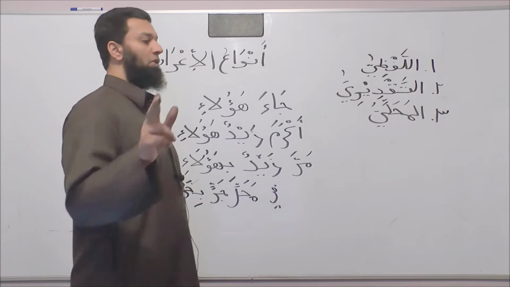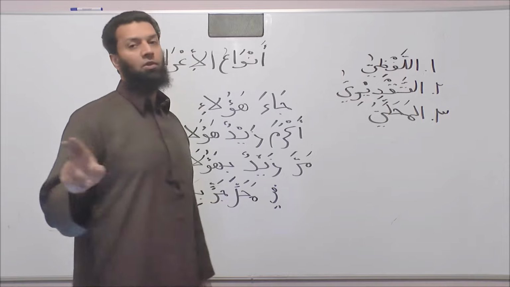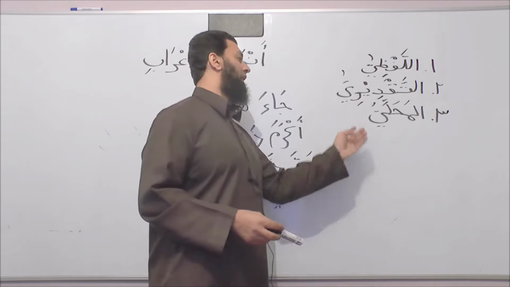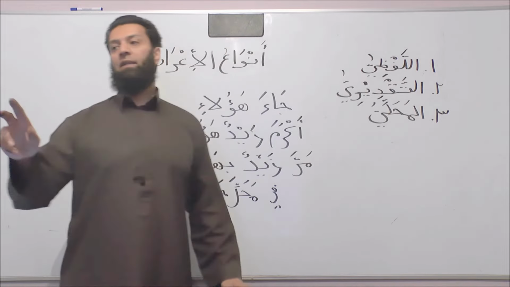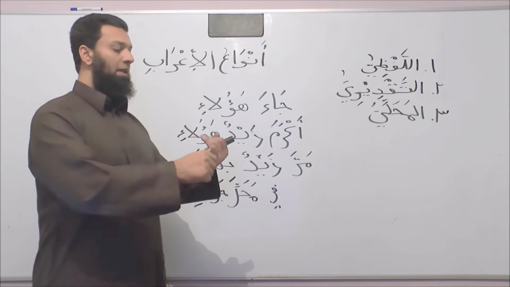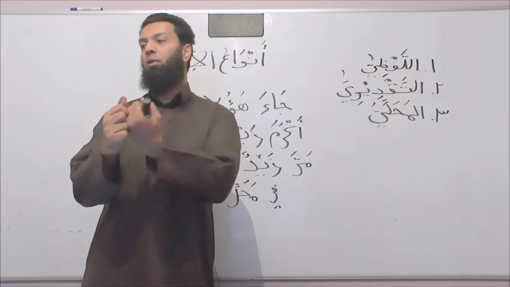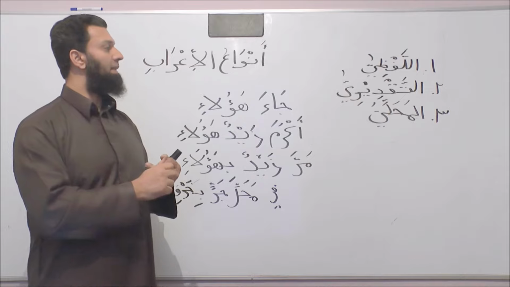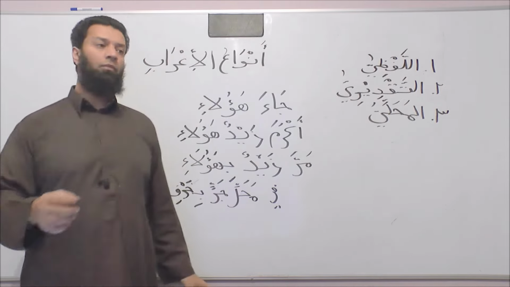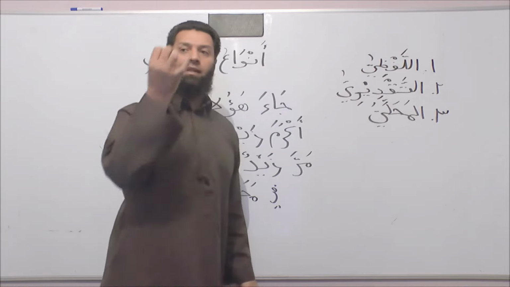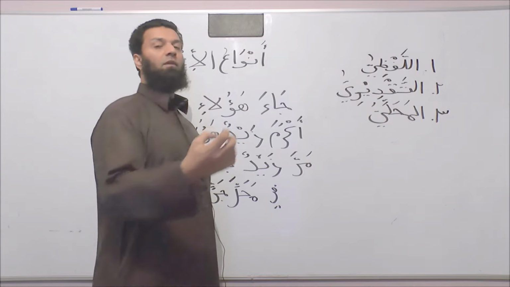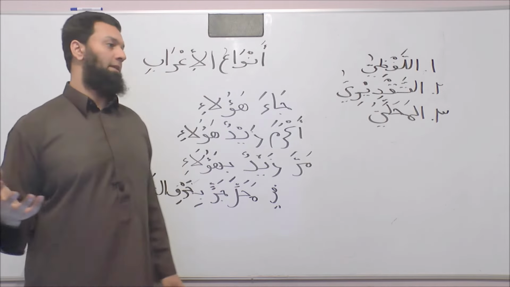Now what's important to note is that there are two important differences between التقديري and المحلي, because many people confuse between the two. The first important distinction is that in the second state, التقديري, there is a mani', there's something that's preventing the vowel from appearing on the end of the letter.